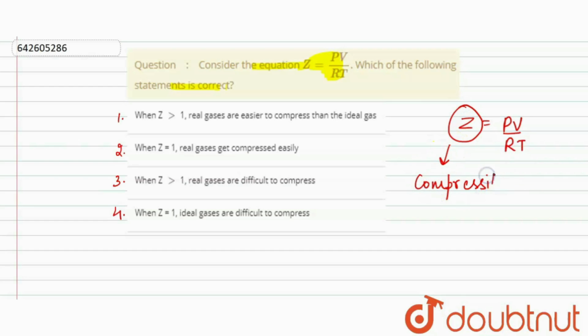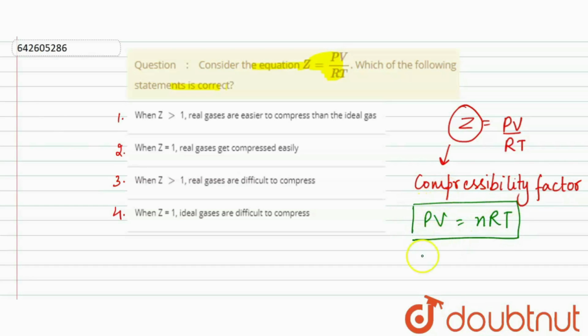Compressibility factor, right? And we know that PV is equal to nRT for ideal gases, because for ideal gases we have z is equal to 1. Now here we are given that when z is equal to 1, real gases get compressed easily.